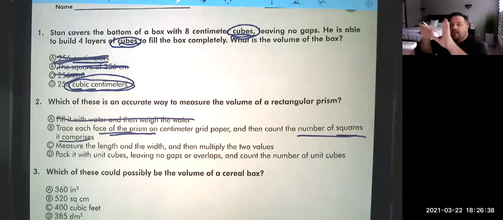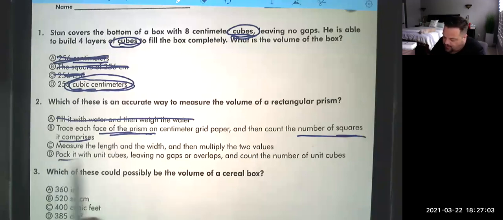If you're just counting the face, that's just the one side you can see, so that doesn't tell us how many might be in it. So it can't be B. And then measure the length and the width and then multiply the 2 values. That doesn't really make sense. It's more like an area, multiplying the 2 values. No, that would be area. Exactly, yeah, area. So that can't be it.